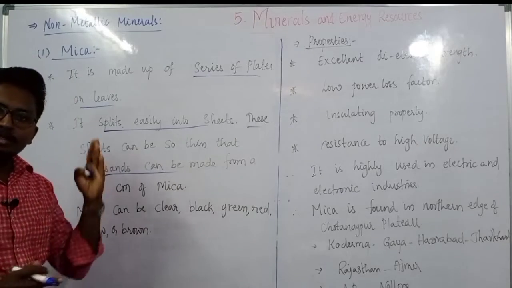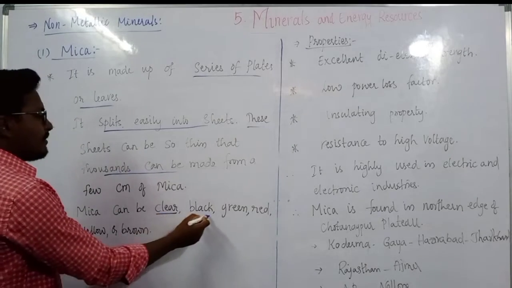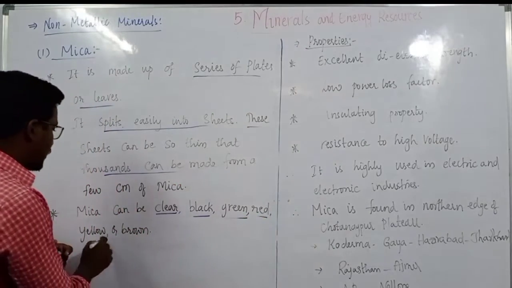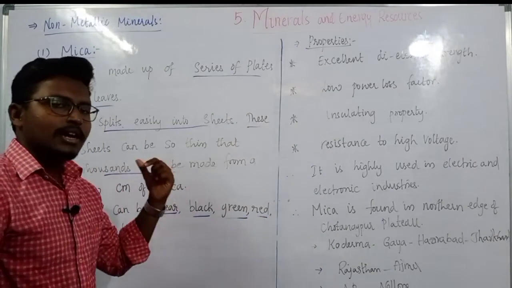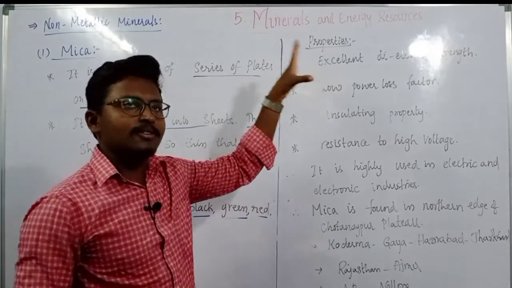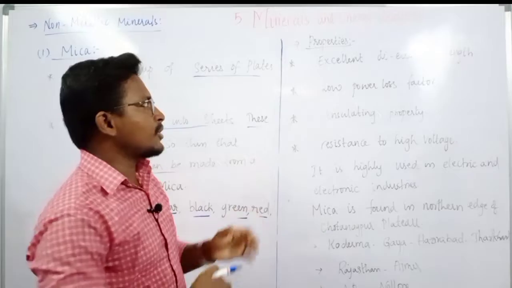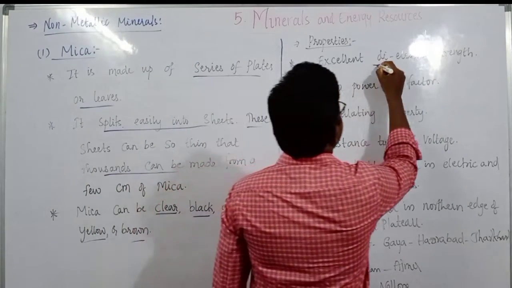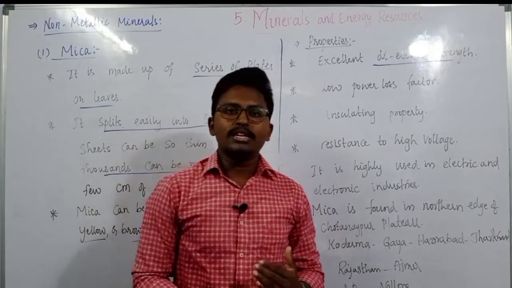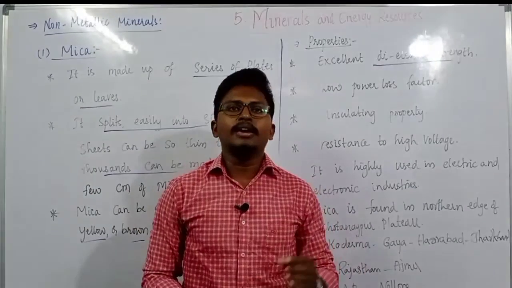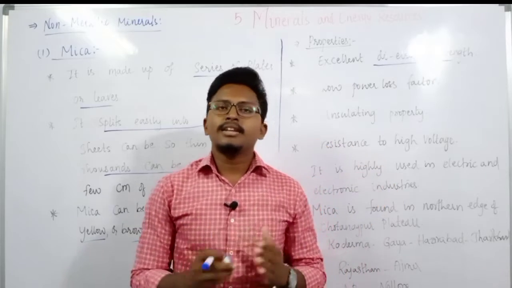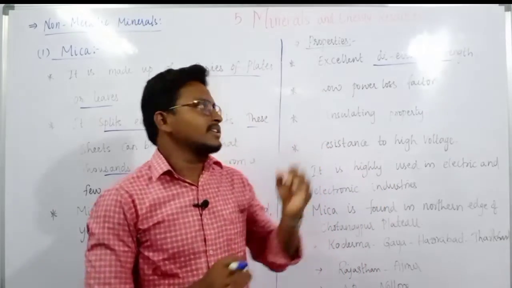And mica can be clear, sometimes black, green, red, yellow, or even brown in color. And there are some important properties of mica. It has excellent dielectric strength, which means whatever the voltage or power supply may be, it can withstand it without breaking, and it does not conduct electricity.